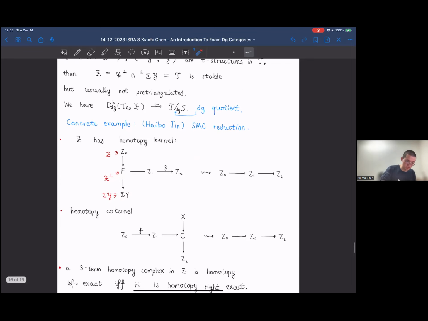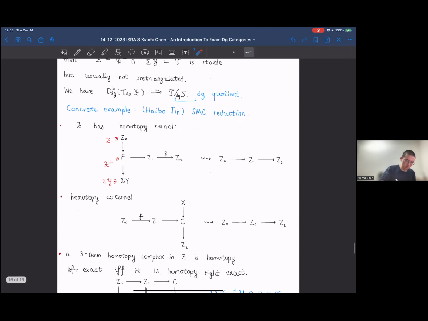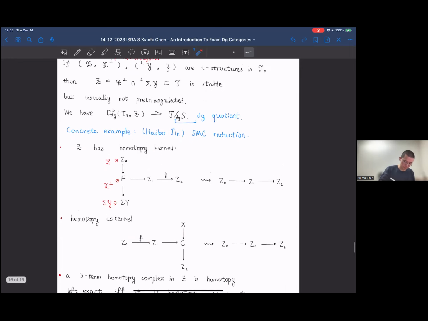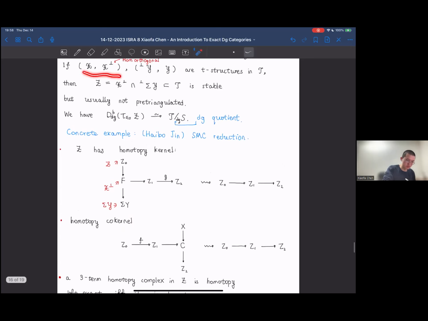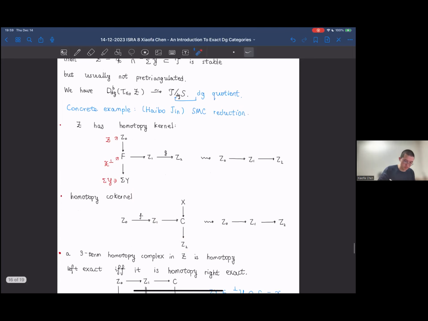So we take a morphism here, and we form its cone in T. Then we use this structure. Then we can show that this object lives in Z, and this sequence is homotopy right exact.